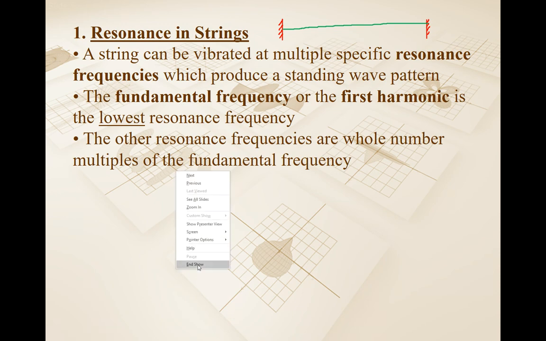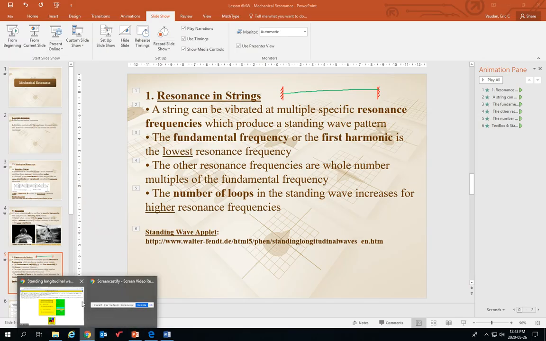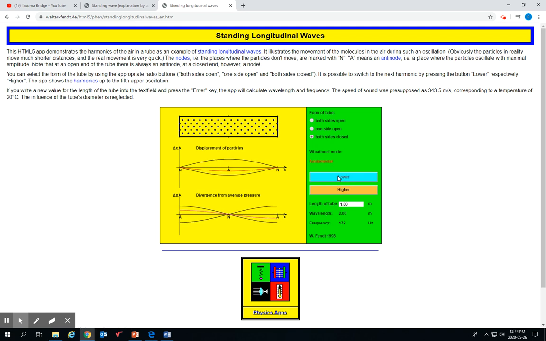Okay, so we can go back to this animation now and we can see this. This is my fundamental frequency. This is the lowest frequency at which you can get the string to vibrate in a standing wave pattern. The second resonance frequency, or the second harmonic, would be a whole number multiple of this value, a whole number multiple of 172. So if you double that number, it should be 344.